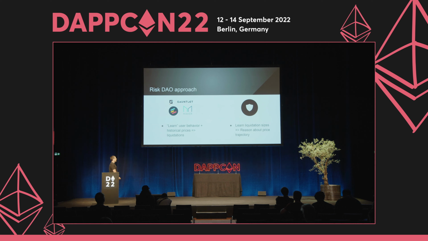So the Risk DAO takes a bit of a different approach, which is very much appealing to early stage platforms, which are typically L2 or alt chains, but also other low liquidity platforms such as NFT lending markets. In the traditional market, what you do is you try to learn the user behavior, so maybe you have Compound or Maker user behavior, and there are thousands of users, but that's quite low for serious machine learning algorithms.